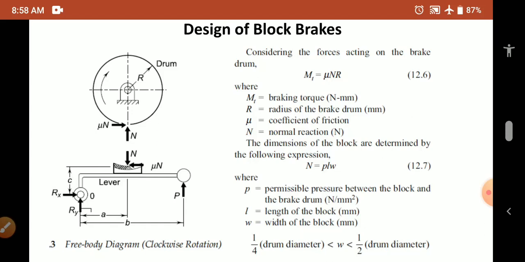From this equation we can calculate the length and width of the block.